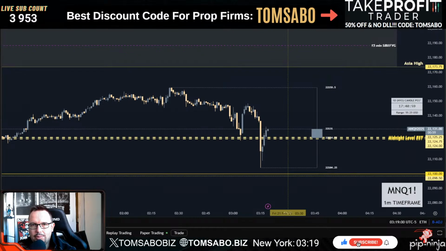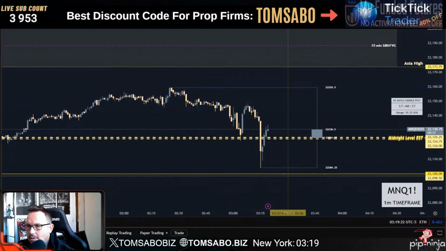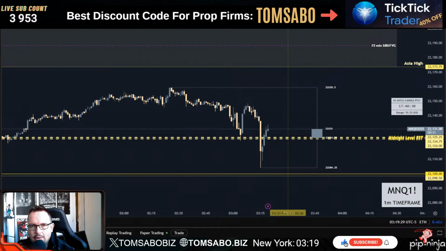It repriced completely this gap. I don't know how far it's going.